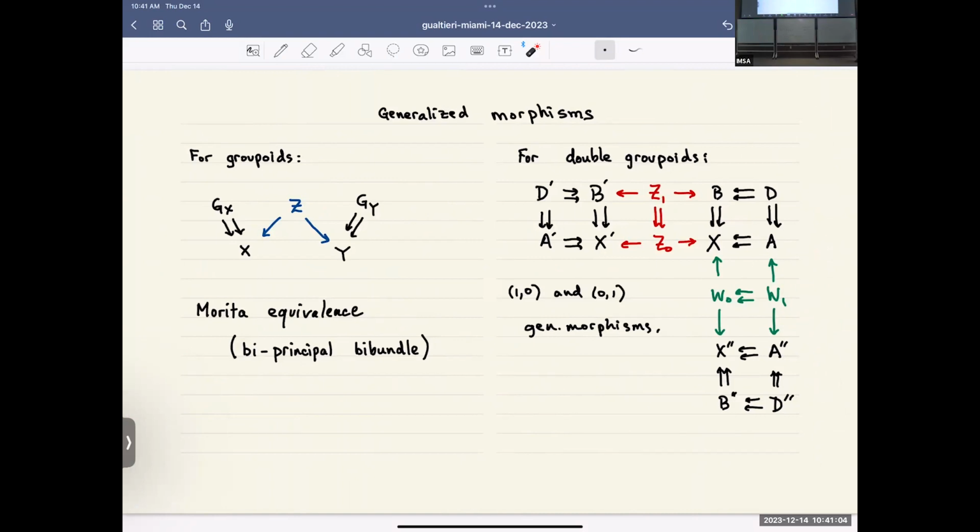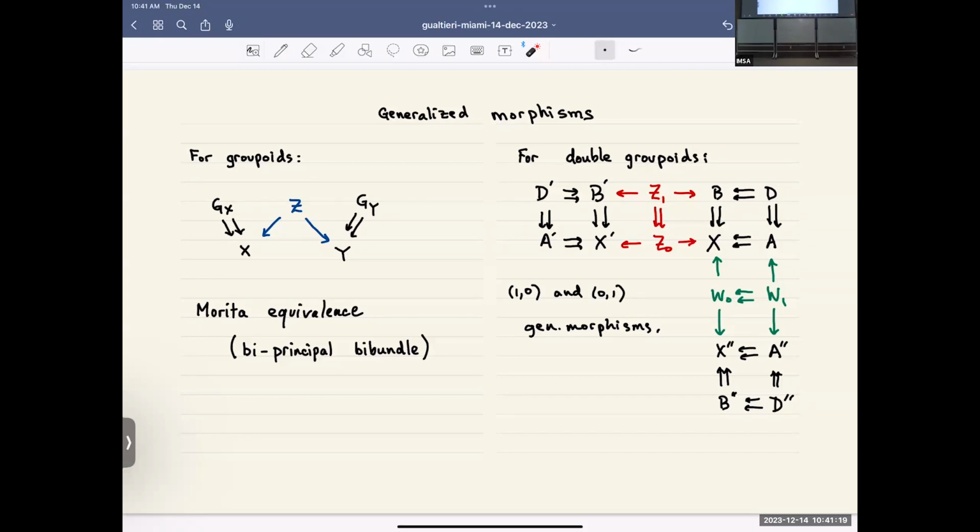Now we get into an interesting necessity that has not occurred in the literature on these things.